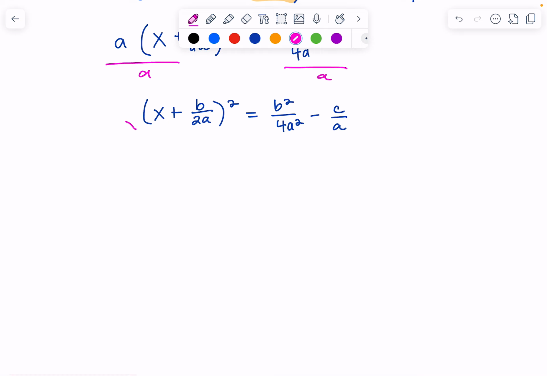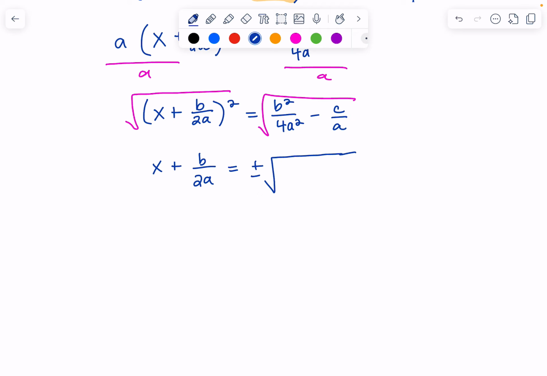Again, trying to get x by itself, the next thing I would do would be to square root both sides. When I do that, I'll have x plus b over 2a. When you square root something, when you're solving, we're going to consider both the positive and negative solution. So this would be plus or minus the square root of b squared over 4a squared minus c over a.